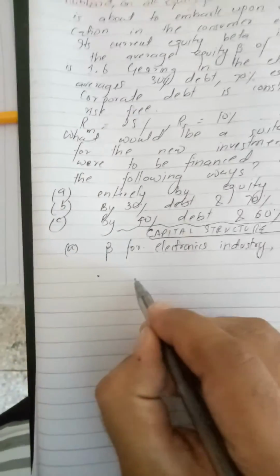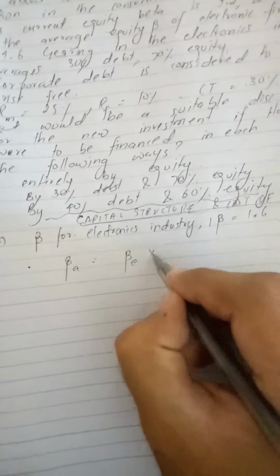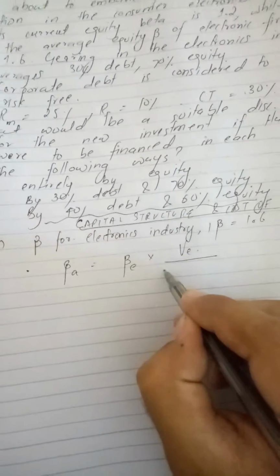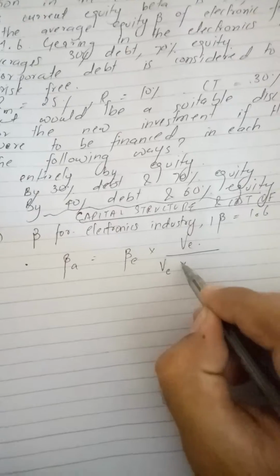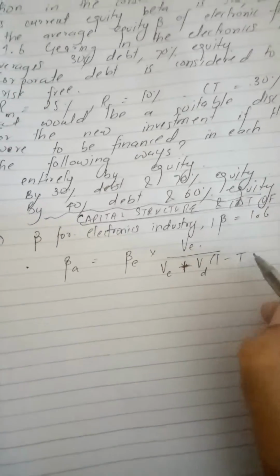So this is how it is done. Beta asset is beta equity into VE over VE plus VD(1 minus tax).